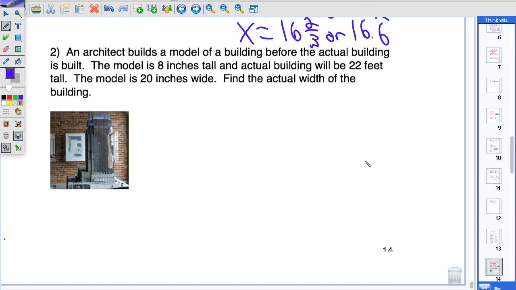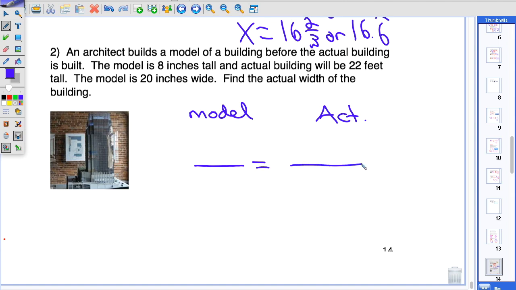Number 2 says an architect builds a model of a building before the actual building is built. The model is 8 inches tall and the actual will be 22 feet tall. The model is 20 inches wide. Find the actual width of the building. So we have our model and we have the actual. So we're setting up a proportion.